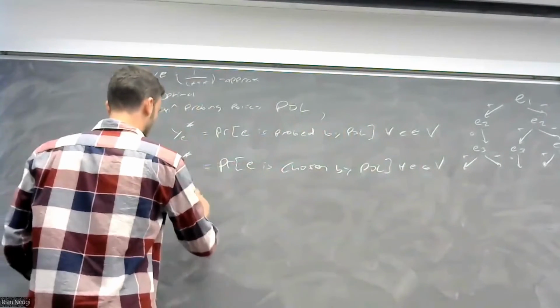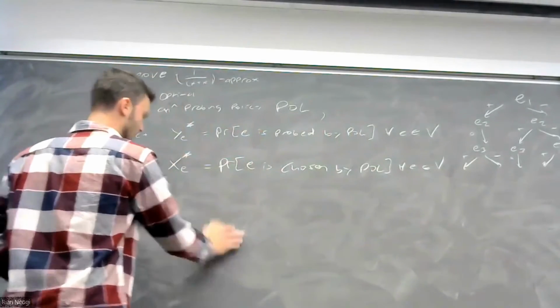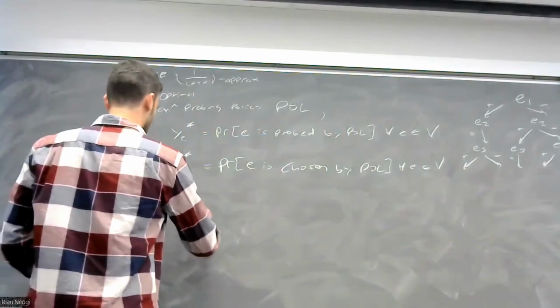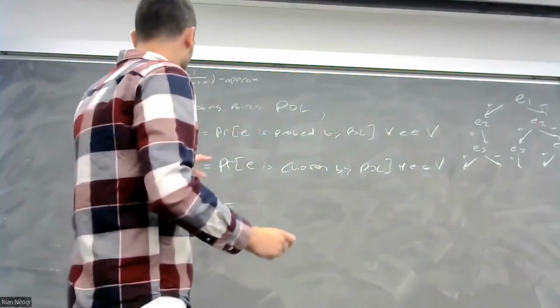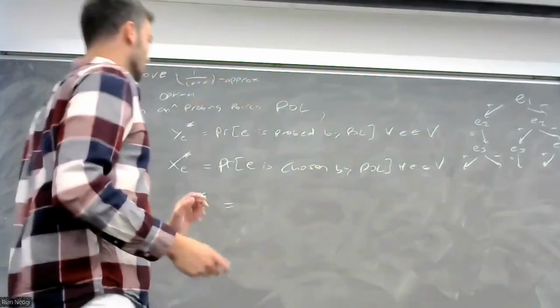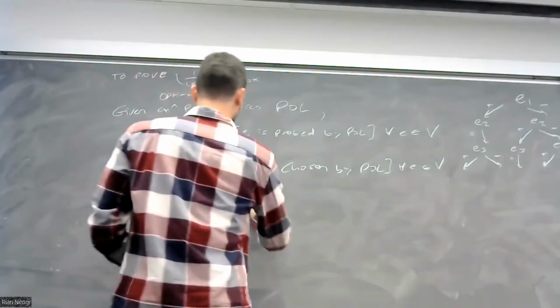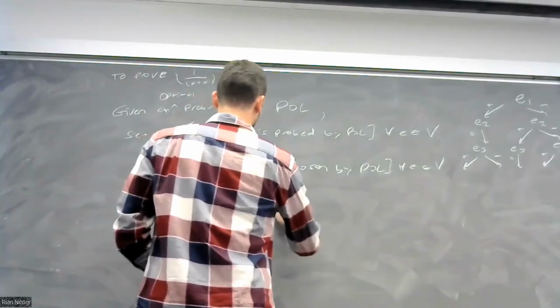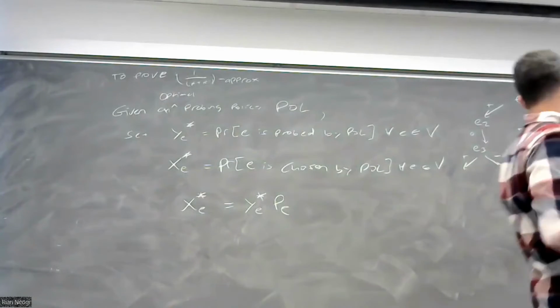Before we write it as a combination, let's think of what x star e is, by the same argument as before. What's the probability it's chosen? It's the probability that it's probed and it's active, and they're independent. So this is just y star e times p e, which gives us these same ones here.